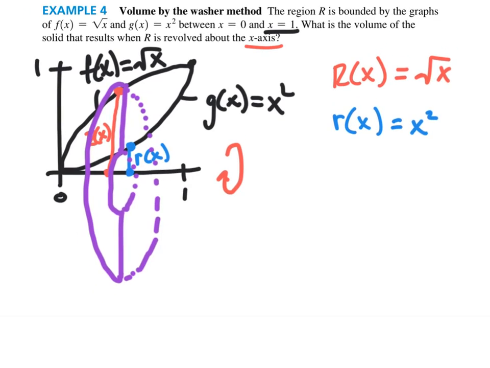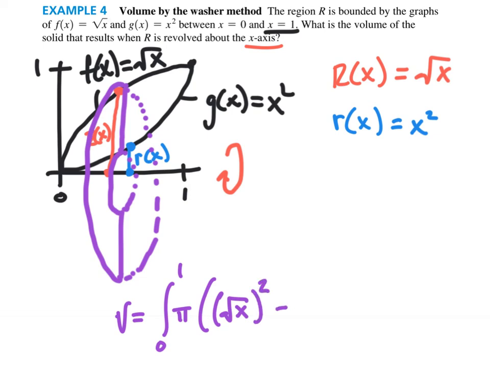So if we wanted to calculate our volume here, all right, volume is equal to the integral from 0 to 1 of pi, and then I want to do our big radius squared, okay? So I'm going to do the quantity, square root of x, that quantity squared, minus our little radius, which is going to be just x squared, quantity squared. Close that quantity, okay?